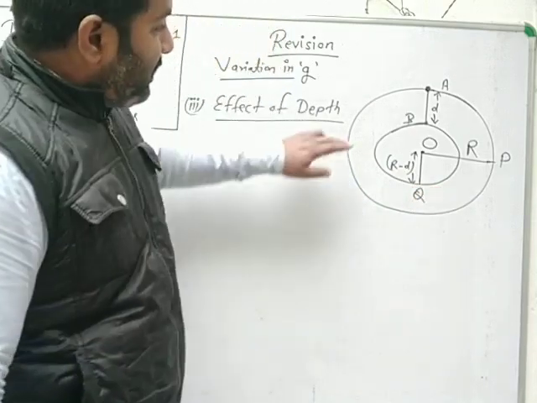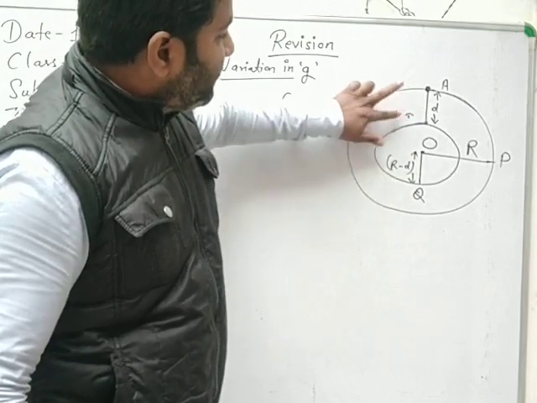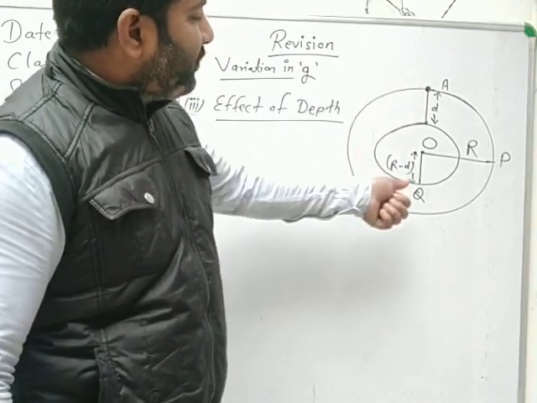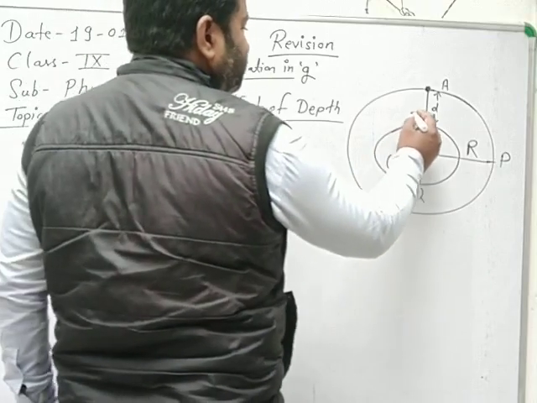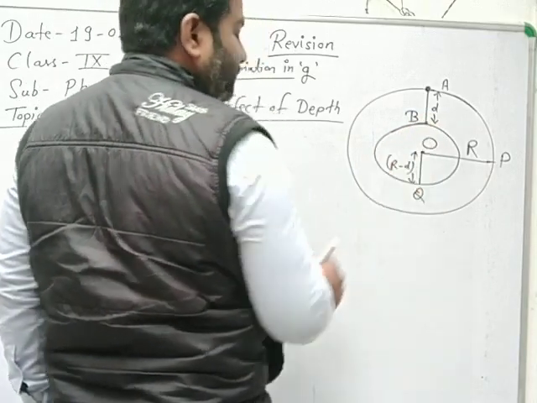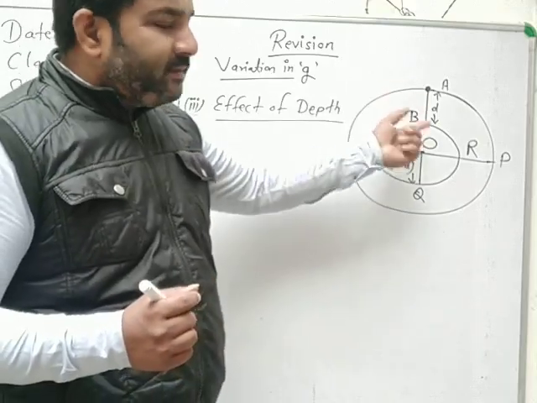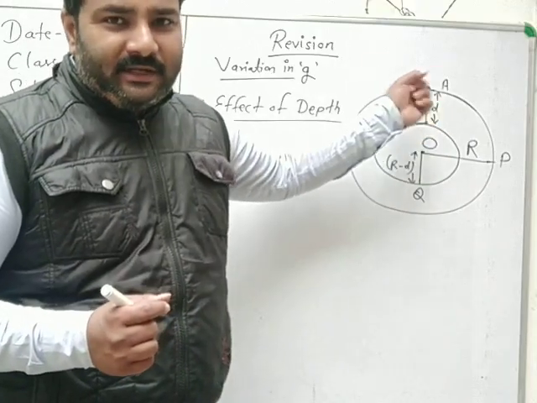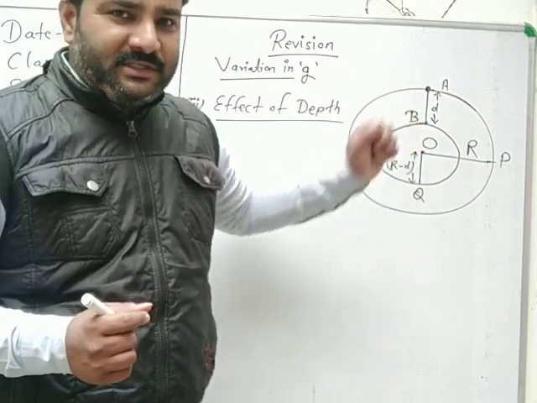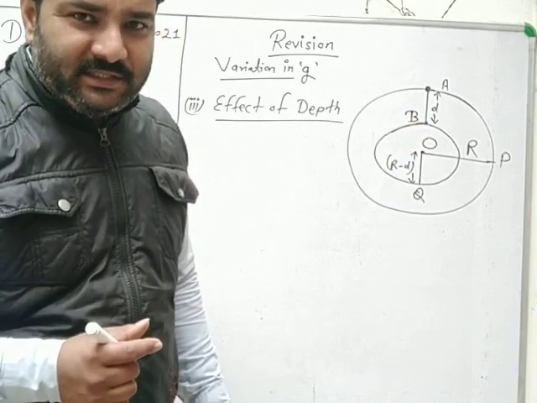So see the concept of gravity at point A and at point B. We have to calculate the gravity at point A and at point B. At point A it is g, and at point B, g dash. So we have to obtain the g dash concept.